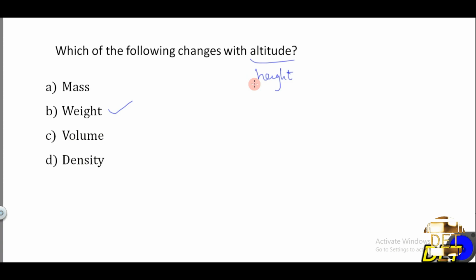The weight of a body is more on the Earth's surface. When you get to the moon, the weight becomes less. That is why you find objects floating in space. The moon is a very large mass, but it is floating in space. Why? Because there is no gravity.